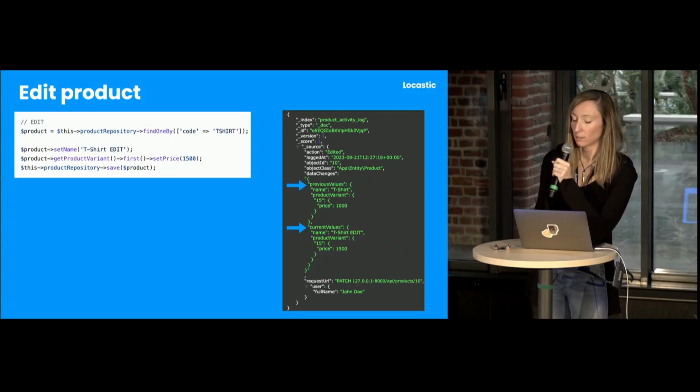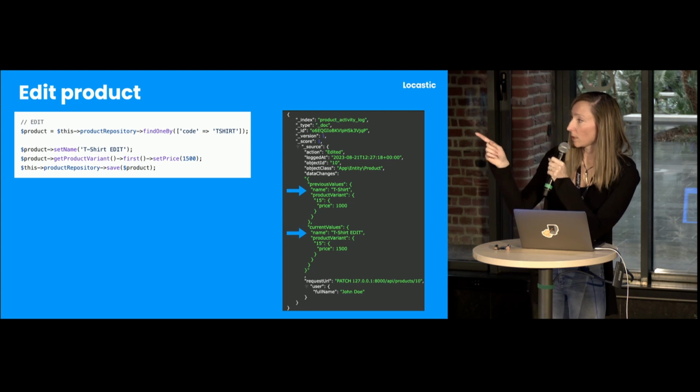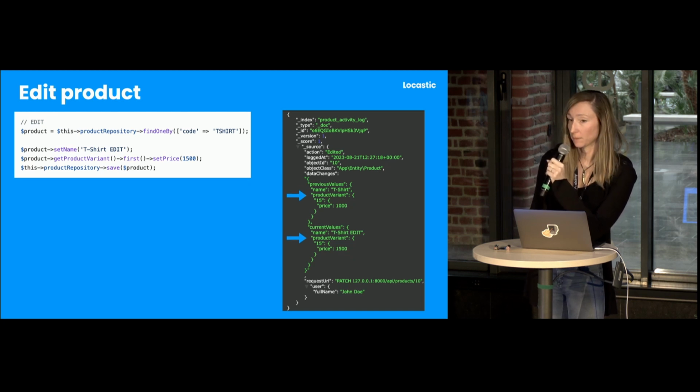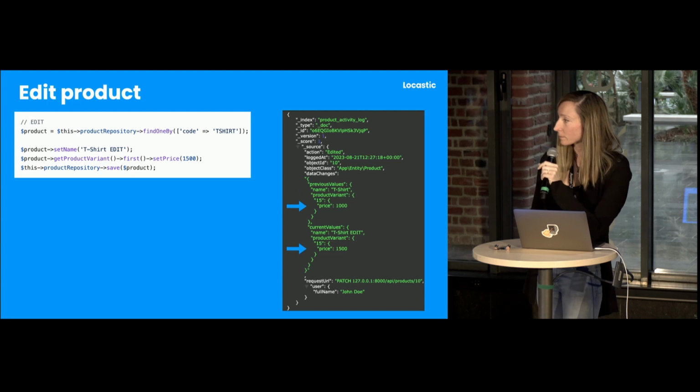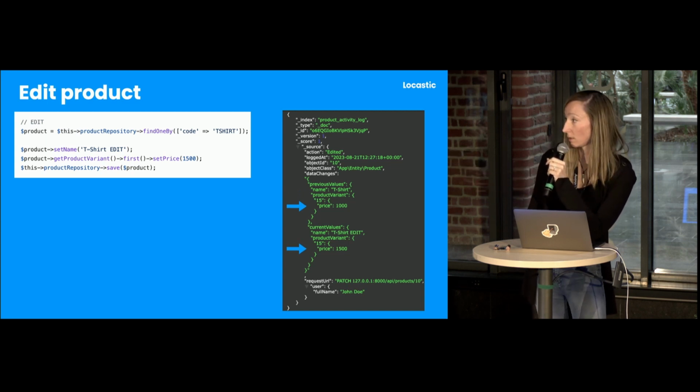So data changes will be saved in a JSON. And here we can see that we have our name that was changed from the t-shirt to t-shirt edit. And we can see that the product variant with ID 15 had its price 1,000 and now it is 1,500. And of course we have the request URL and the user, which is always here.